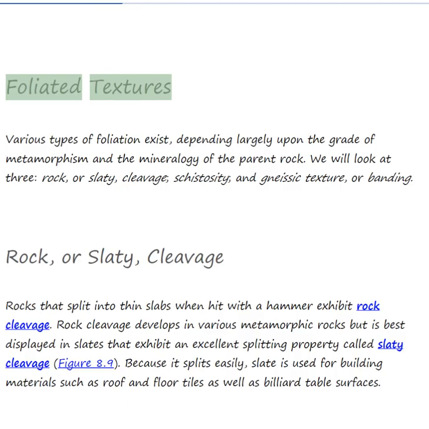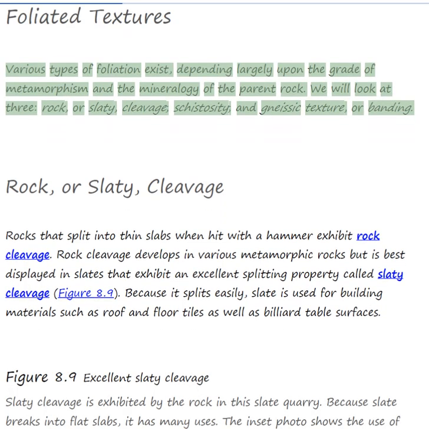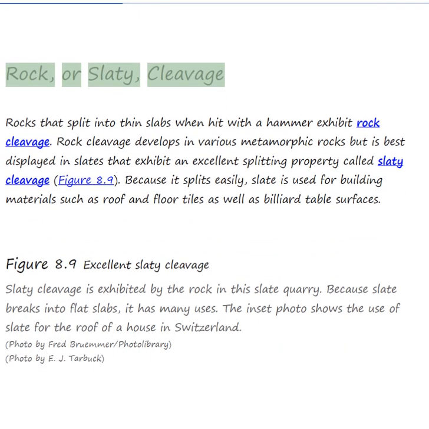Foliated textures. Various types of foliation exist, depending largely upon the grade of metamorphism and the mineralogy of the parent rock. We will look at three: rock, or slaty, cleavage, schistosity, and gneissic texture, or banding. Rock, or slaty, cleavage.